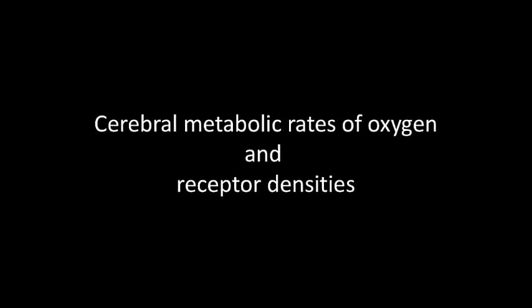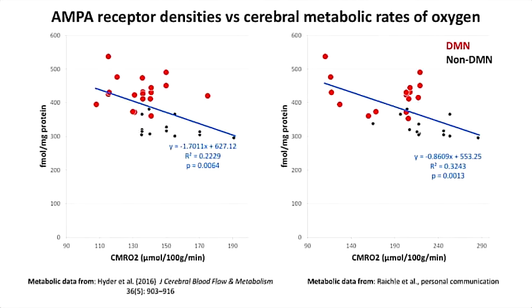Now, after having this data, we can do the last step. We can directly compare the oxygen consumption with the receptors. And I can tell you that this delivers very, very surprising results.